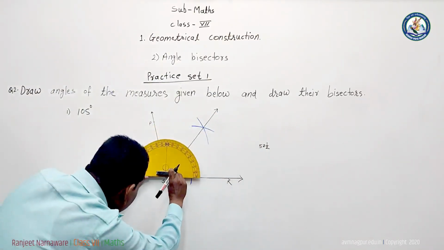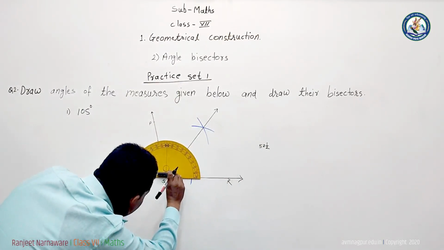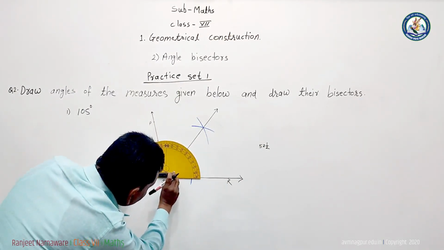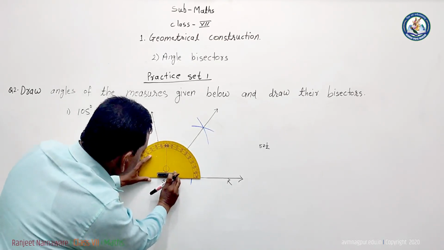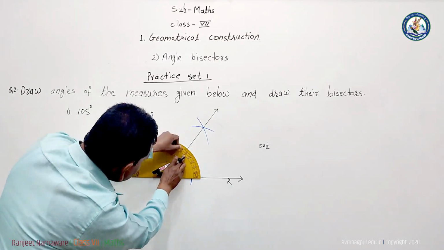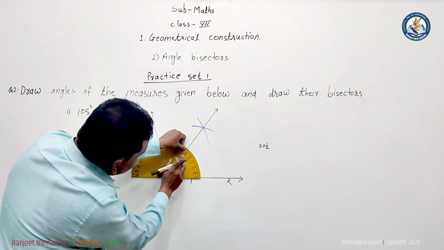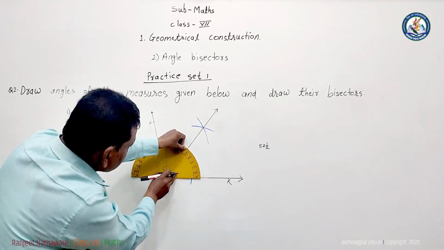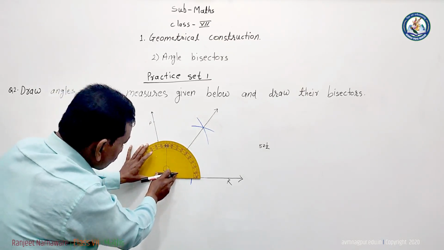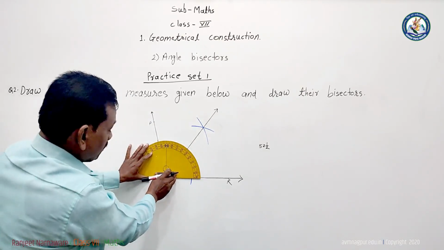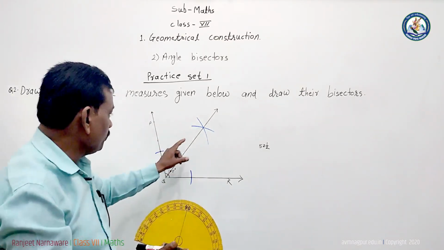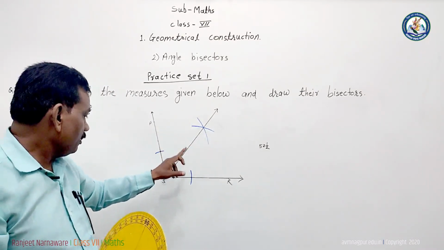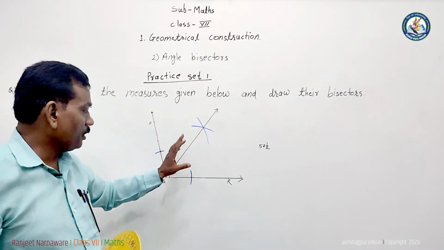Then confirm it with the protractor, and you can see that this is 50, this is 55, and it passes through 52 and the middle of 52 and 53. Means it divides the angle into two equal parts.